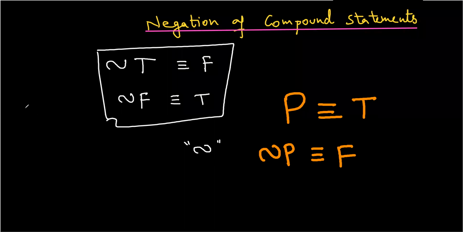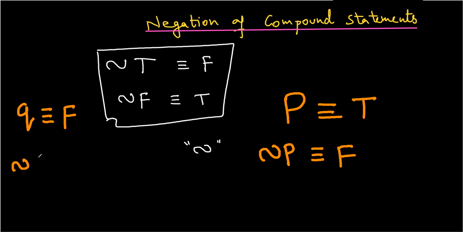On the other hand, if I have a statement Q whose truth value is false, if I write the negation of Q, then the truth value will now be true. So negation changes the truth value of a statement.